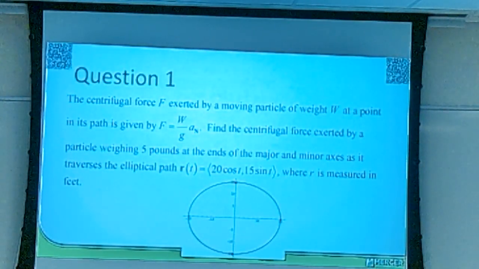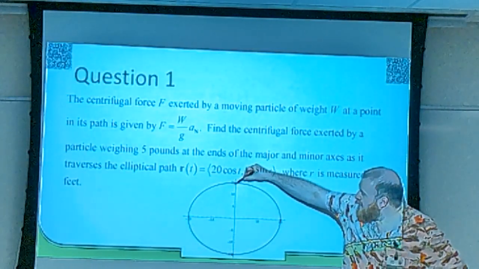Now, on the ends of the minor axis, what are your values for t? Okay, so what's t right here?